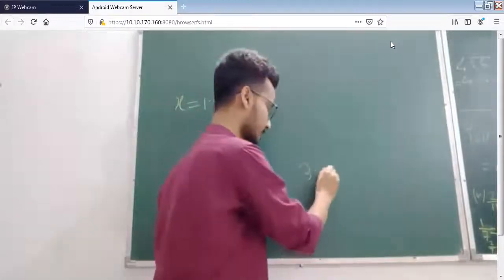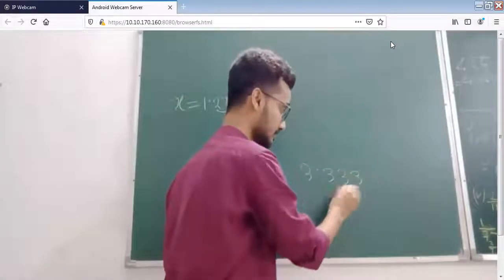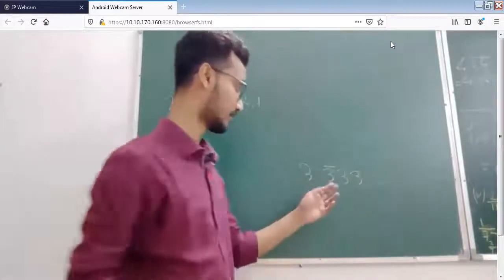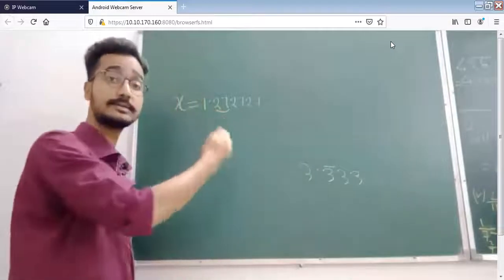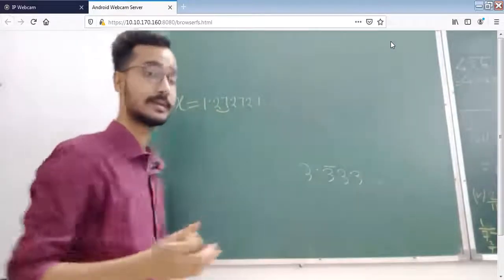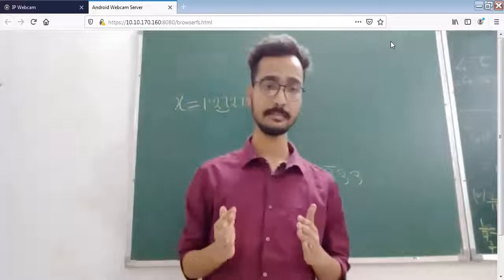In the previous case 1 digit was repeating, so you had to multiply by 10. But here 2 digits are repeating. That's why you have to multiply by 100.